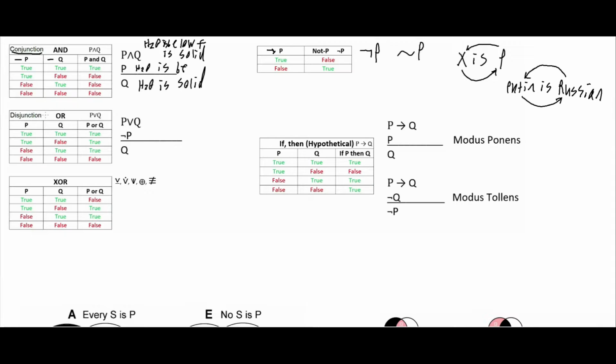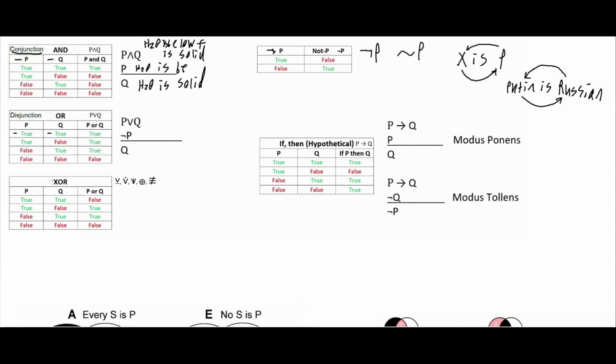So here we have the disjunction, and this is or. You could think of it as P or Q or P and Q, because it's called an inclusive disjunction: it's also true if both of them are true. If P and Q are both true, then P or Q is true.